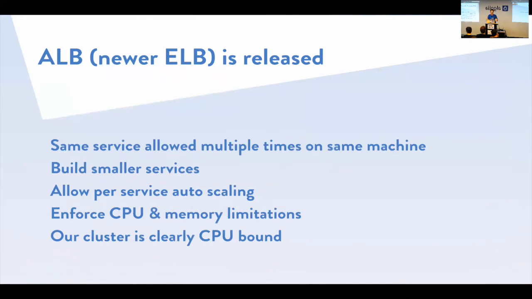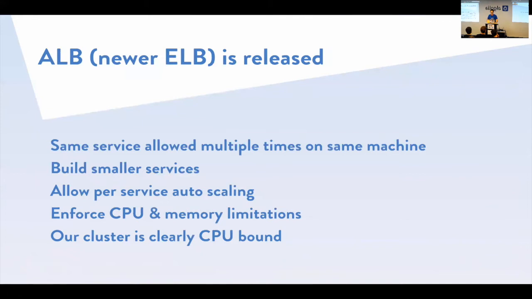So we have been able to reduce the size of our Docker services, to choose very precise limits in terms of CPU and memory on the services. And so we've been able to put a lot of these services on the machines we had in the cluster. As well, we have been able to do per service auto scaling, since we don't need to boot a new machine each time. That's the first auto scaling that you have, and that is really good.